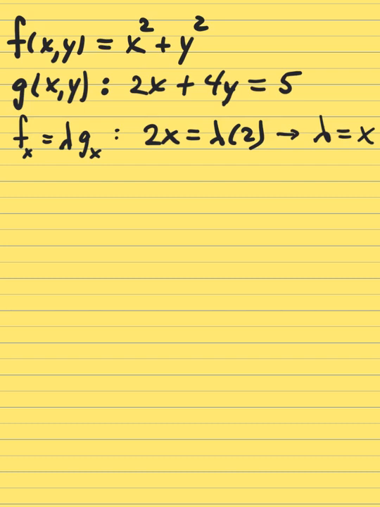Now, the next time through, we're going to do partials with respect to y. Function f, derivative with respect to y, is going to be 0. That term will be 2y.